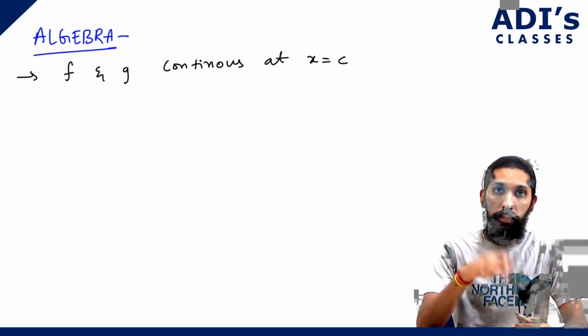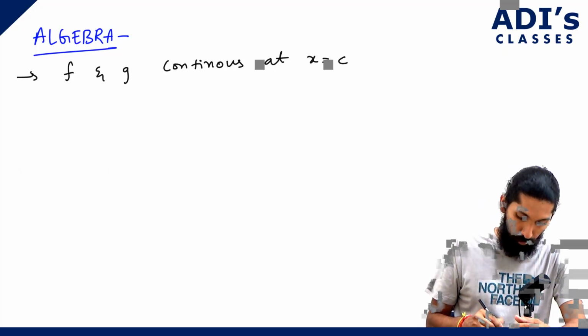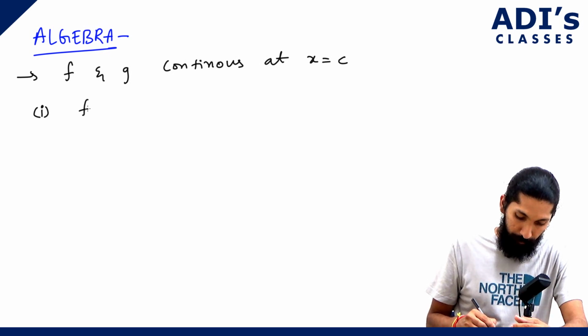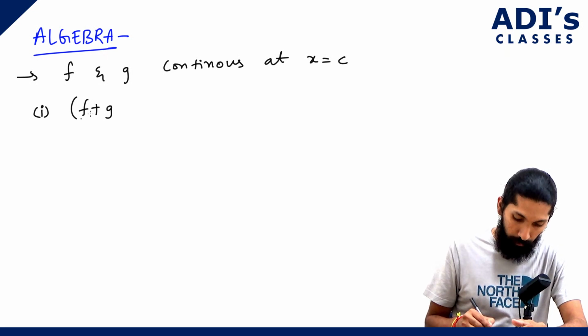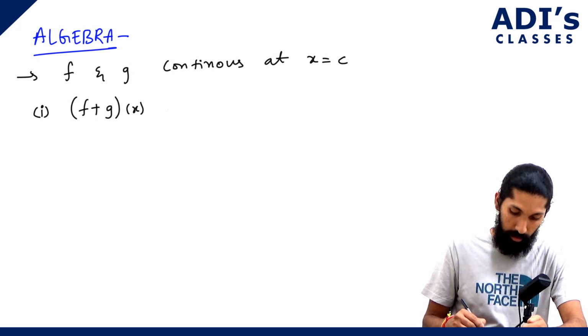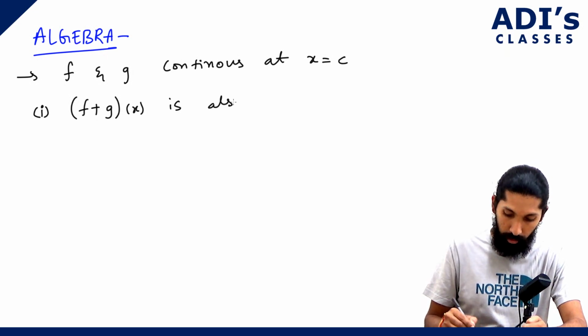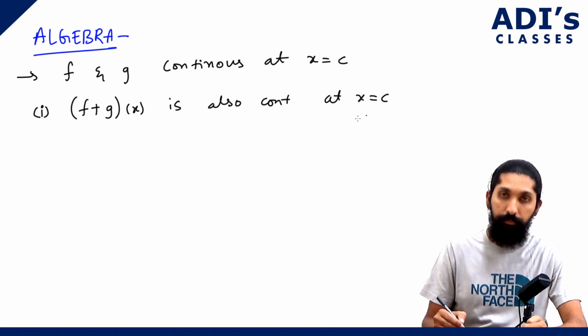Provided they are continuous at x is equal to c, now suppose you have f plus g of x, the summation, it will also be continuous at x is equal to c.